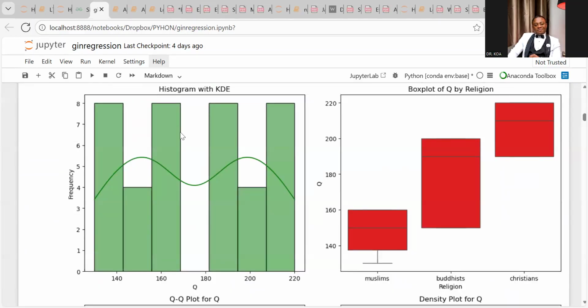Guys, who can tell me? If you want to check whether the quantity demanded is normally distributed, what do you do? How do you test? First, you need to test statistically. But what do you use to do the testing?